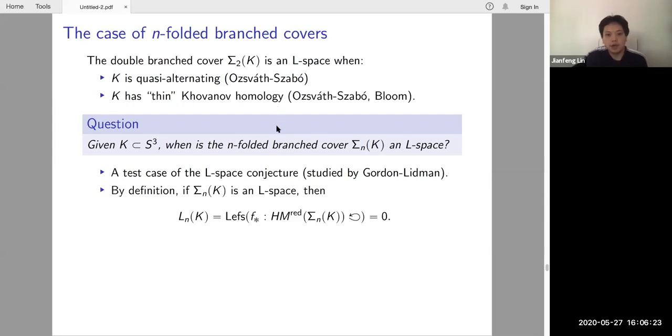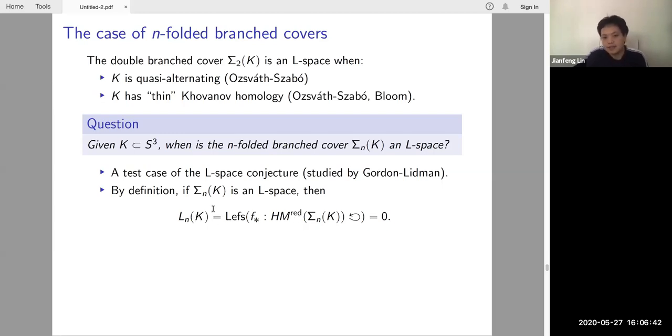We want to use the monopole Lefschetz number to investigate this question. By definition, if Σₙ(K) is an L-space, then the reduced monopole Floer homology vanishes, so trivially the Lefschetz number must equal 0.